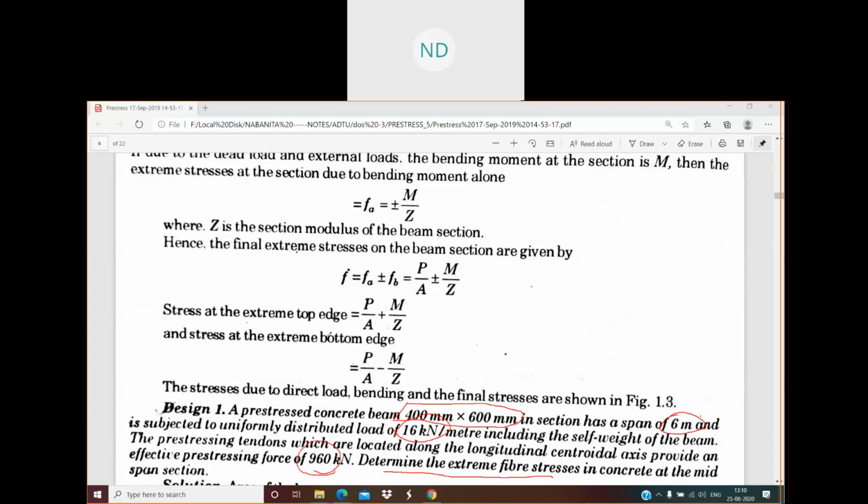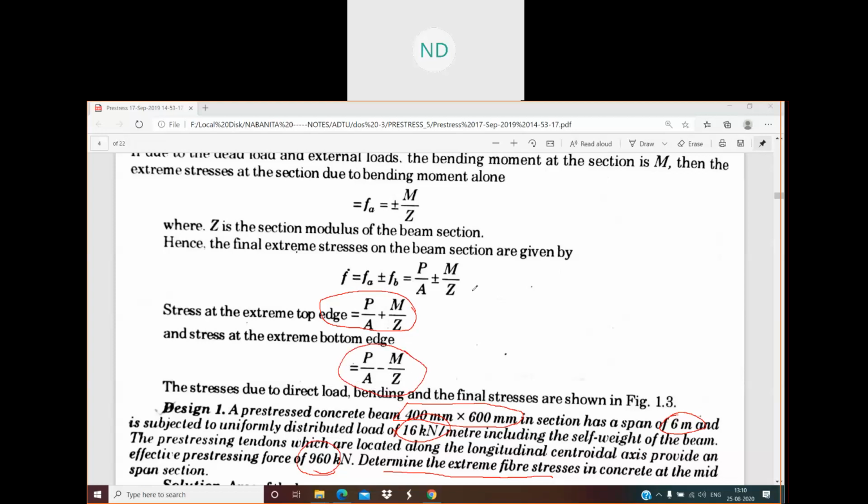So in the general principle which I explained you in the first class of today, this is your extreme top fiber stress, P by A plus M by Z, and at the bottom is P by A minus M by Z. Because here no eccentricity is there, our tendon is concentric, that means at the longitudinal centroidal axis.